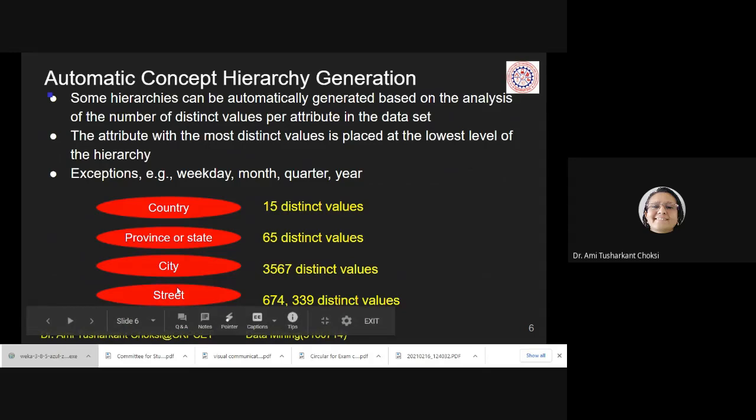Now, for country, let us consider the Asia continent. In that, how many countries are we having? For example, suppose 15 distinct values are there. Then in those 15 countries, in total, how many states are there?